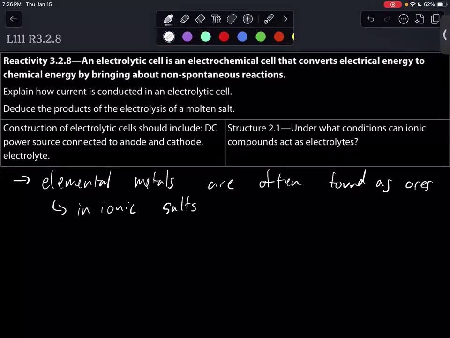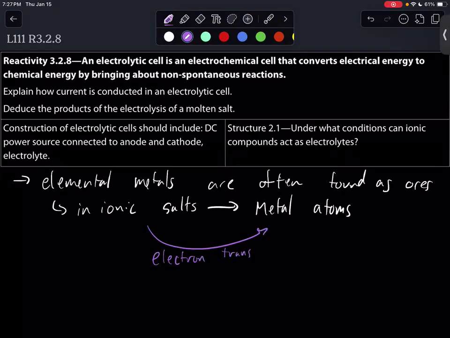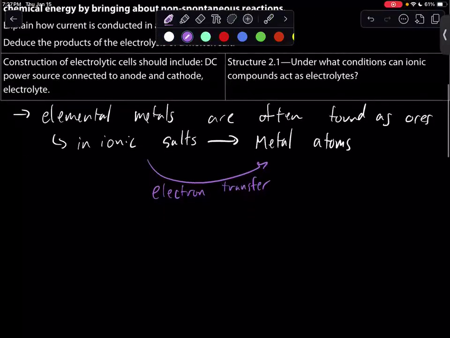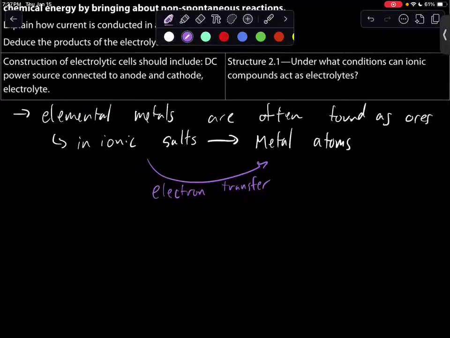As an ionic salt, the problem is we want metal atoms. So how do we go from ionic salts to metal atoms? Well, what we need to do is some electron transfer. And the problem is metals tend to like to lose electrons, and in the ionic salts, they are cations already. They've lost their electrons. So how do we shove those electrons back in? That's where we bring in electrolytic cells.